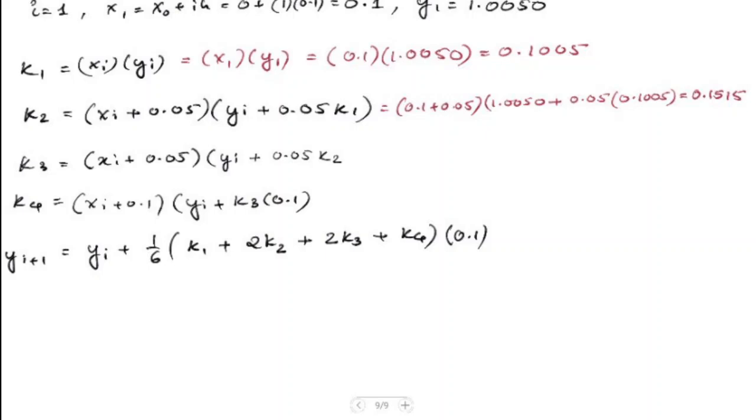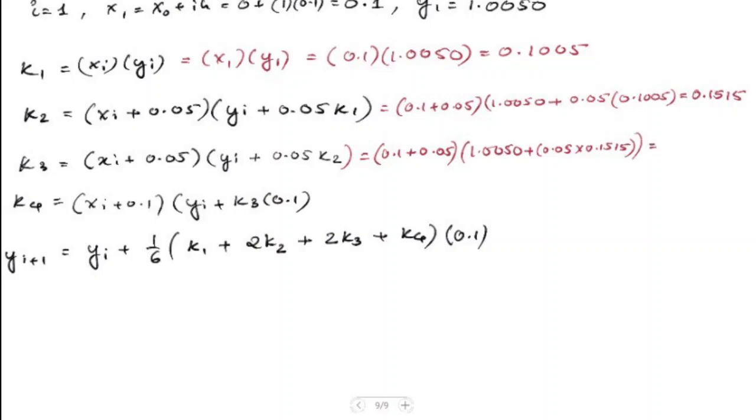Now we'll have to calculate for this one here, where we have x1 is 0.1 plus 0.05 times, we have y1, 1.0050 plus 0.05 times k2, and the value of k2 is 0.1515.